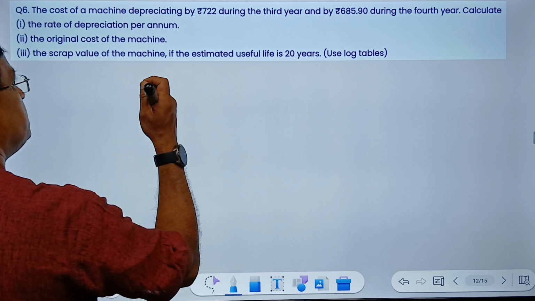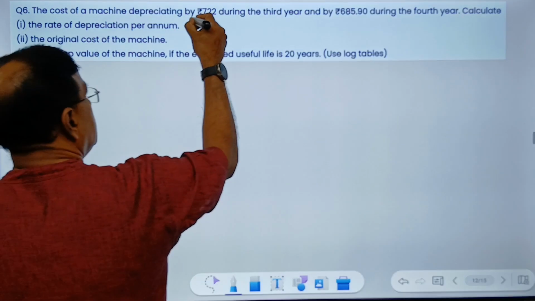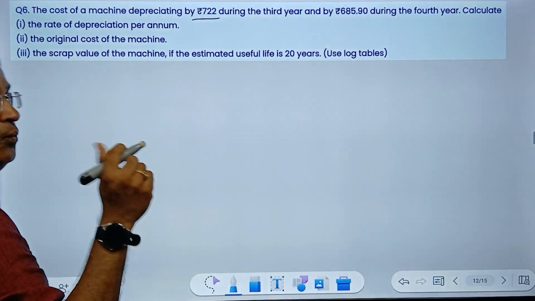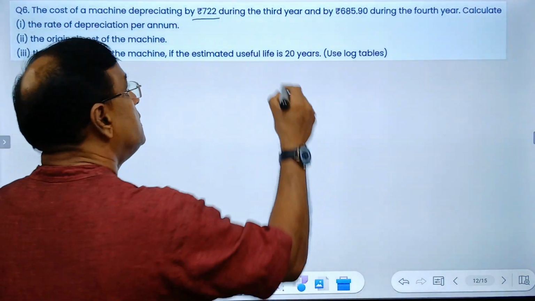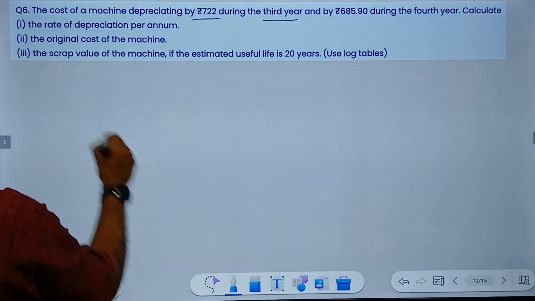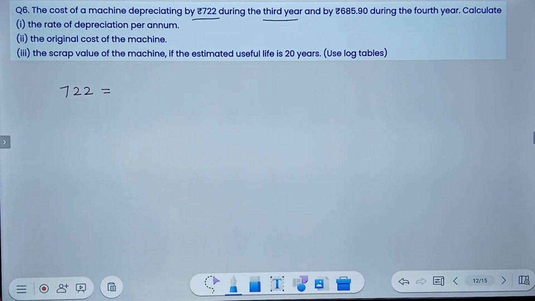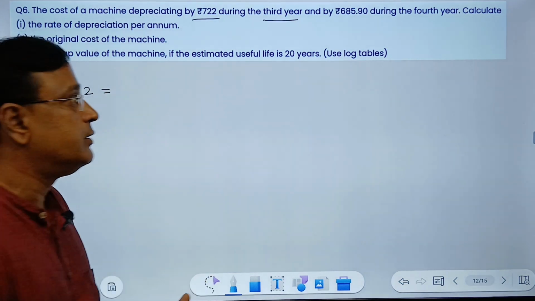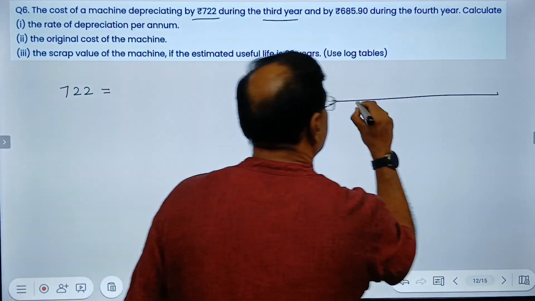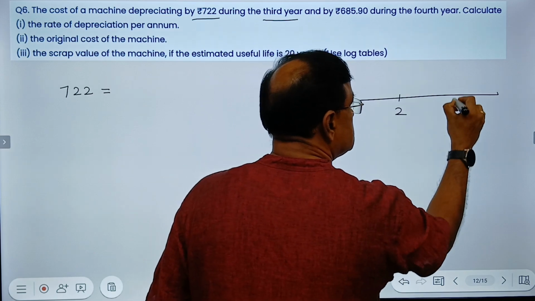The cost of a machine depreciating by 722 not in 3 years but in the third year. So 722 is the depreciation in the third year. See, first year, second year, and this is the third year.